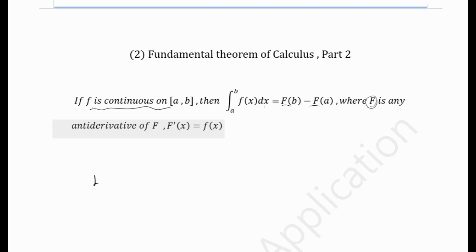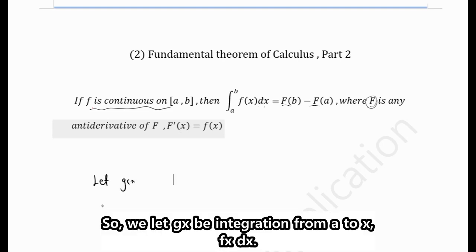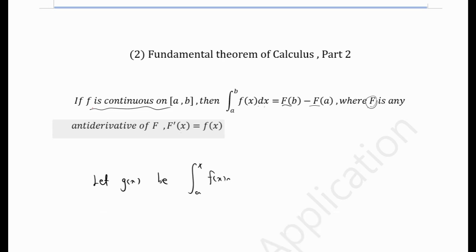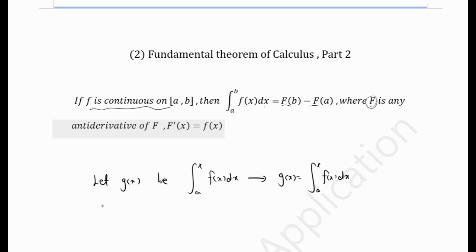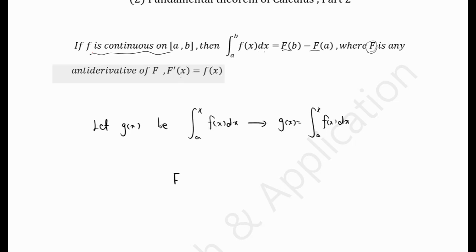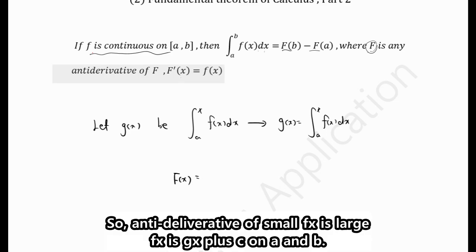So we let g(x) be the integral from a to x of f(x) dx. It means g(x) is the integral from a to x of f. Some antiderivative of small f(x), which is large F(x), equals g(x) plus c on [a, b].